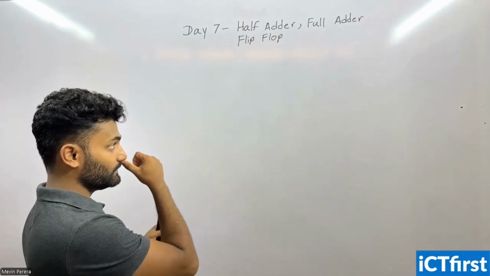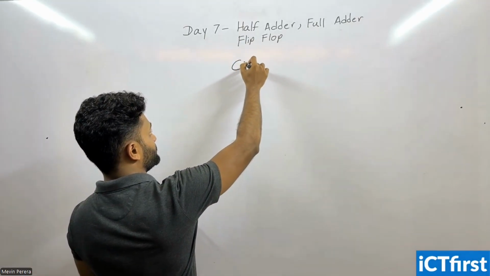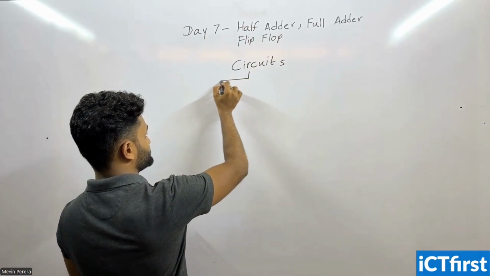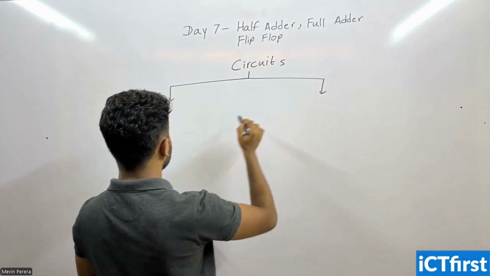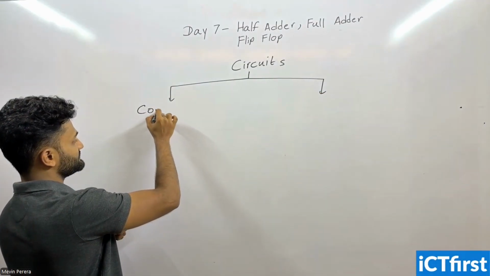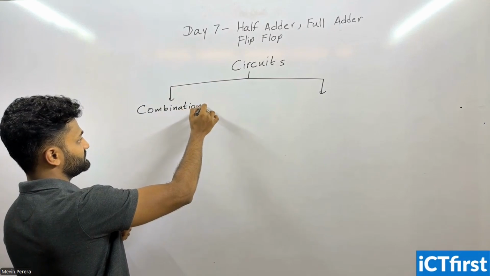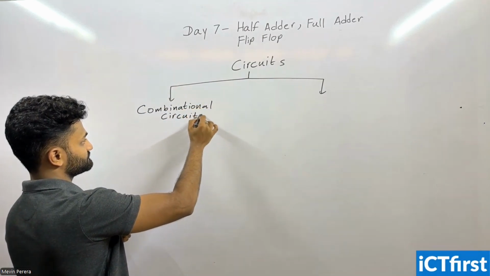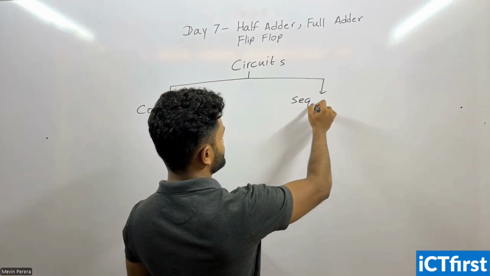Now, when it comes to circuits, there are two types. One is combinational circuits. The other type is sequential circuits.